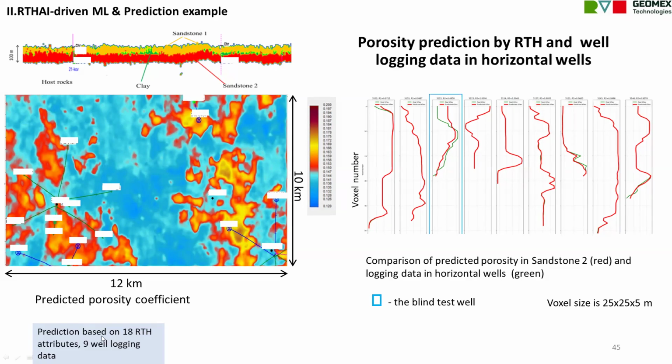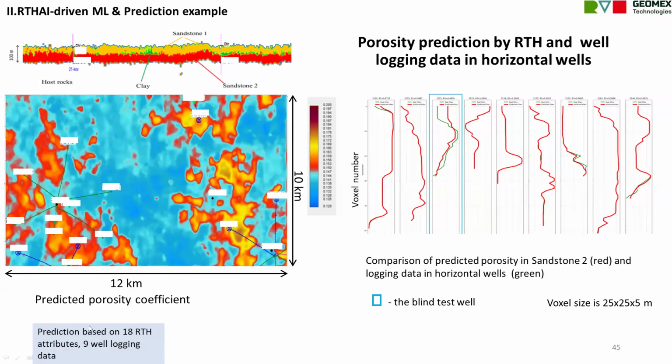We used 9 well logging data concerning the porosity in this case, and with our machine learning we predict the porosity with the blind test data, green, in the whole section, all layer, all red layer, more than 100 square kilometer.